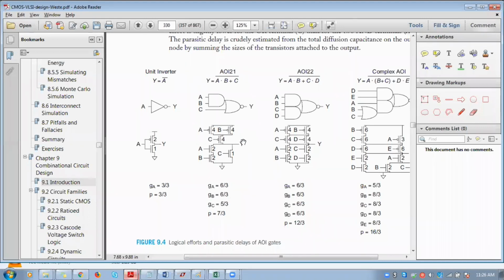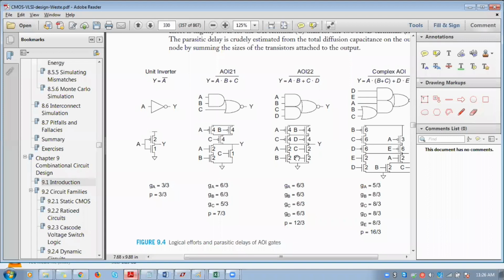Here Y is connected directly to this PMOS, that is C, and another NMOS A and another NMOS C. Only these 3 transistors are directly connected to Y. So adding the capacitance of all these transistors, 4 plus 2 plus 1, so 7. So 7 divided by the input capacitance of the unit inverter, 7 by 3, is the parasitic delay. This is the way we calculate the parasitic delay.